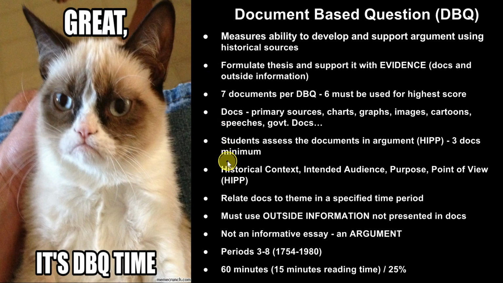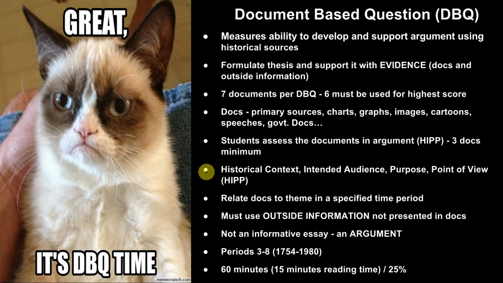Let's see. The DBQ is based on periods 3 through 8. So roughly, again, looking at French and Indian War through the election of Ronald Reagan. If you remember what I said earlier, it says 60 minutes, but you divvy up that 100 minutes in the free response section how you want. So you can spend 70 minutes on this if you wanted to, and 30 minutes on the LEQ.